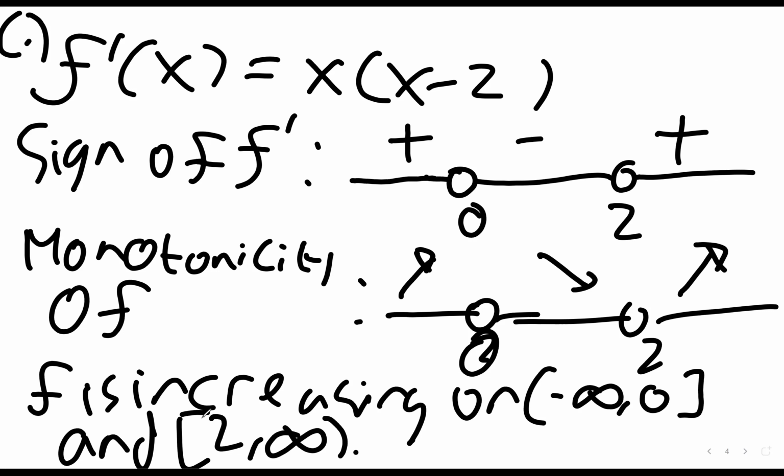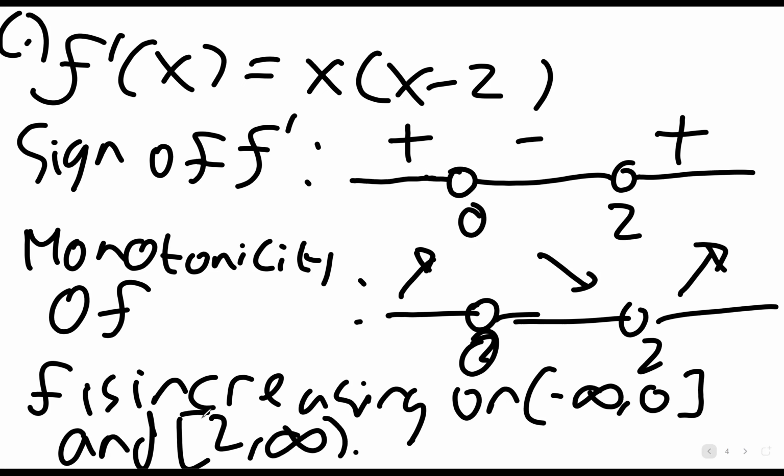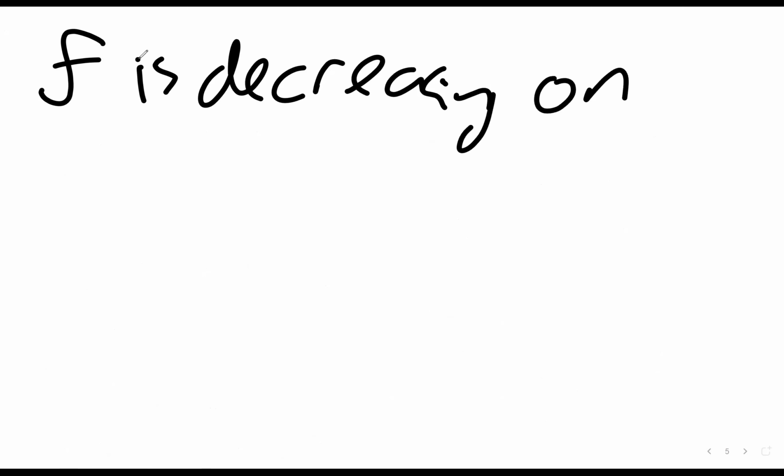On the other hand, since f prime is negative on the interval 0 to 2, the conclusion is that f is decreasing on the interval 0 to 2. Okay, so that would be the result.